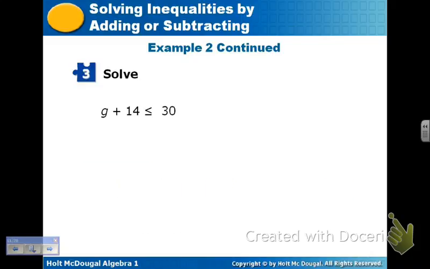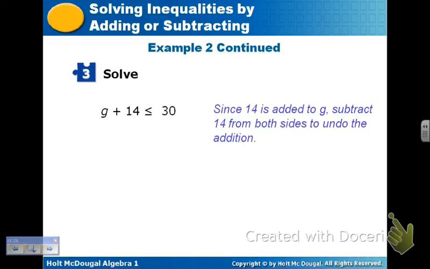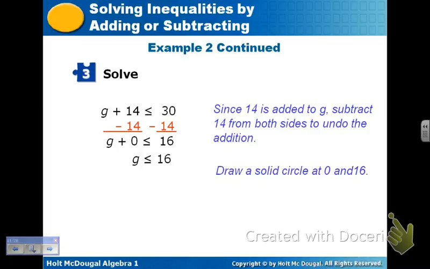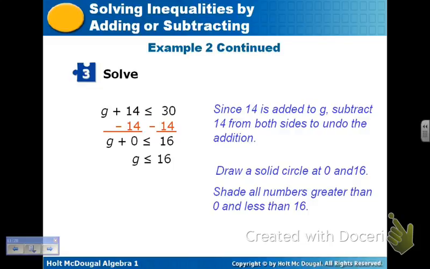All right, and then we want to solve here, which you can do. Going to subtract 14 from both sides, and you should have G is less than or equal to 16. And to graph, we're going to put a solid circle at 0 and 16. Well, why 0? Because before we were just using the 16 or the number, well, can she spend more than she has?